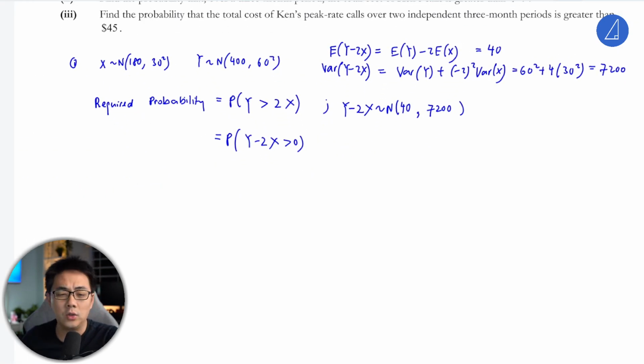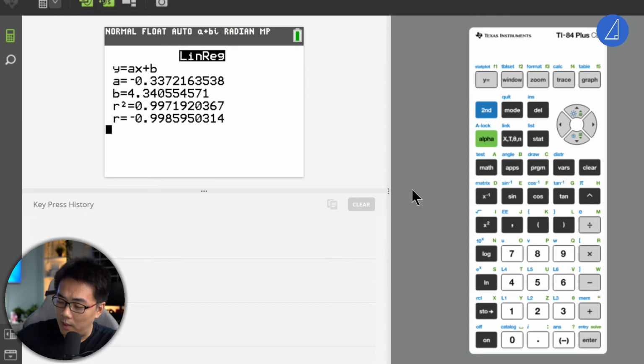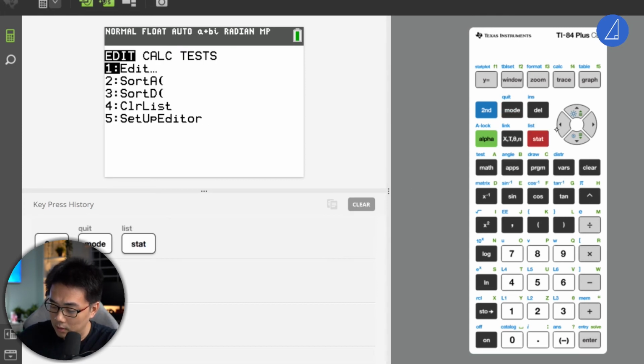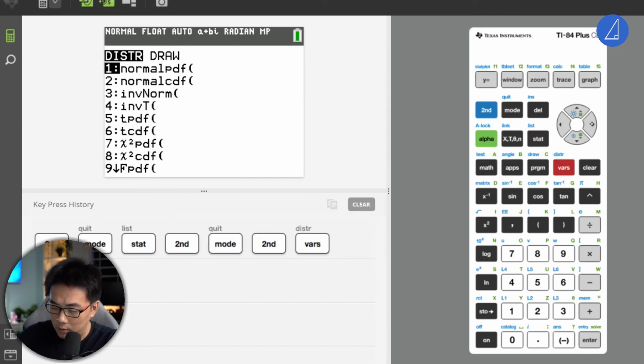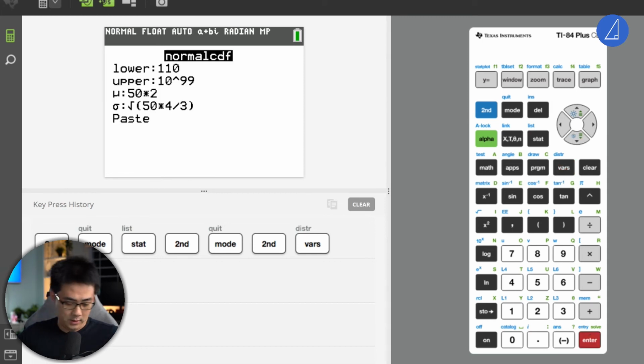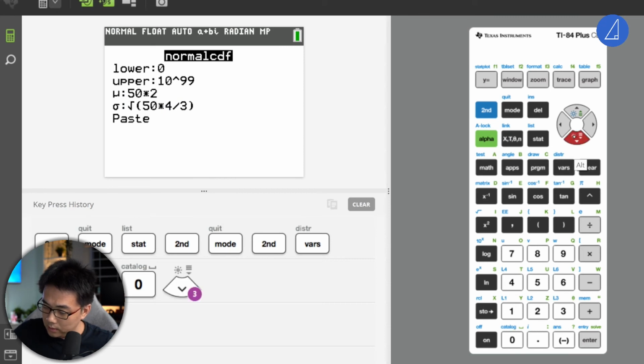Just key in the calculator, it shouldn't be an issue. Go to distribution, normal CDF. Then what you put is lower bound 0, then mu is 40.